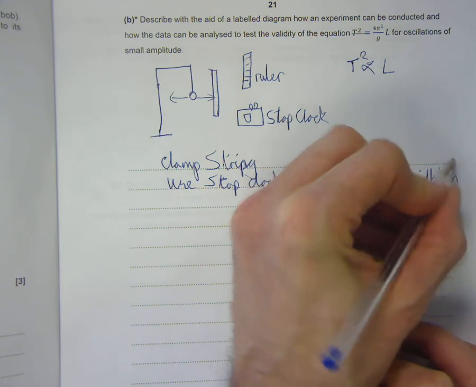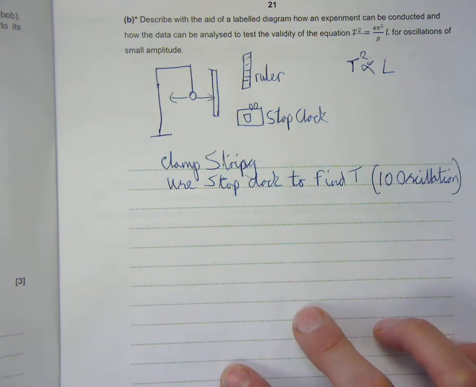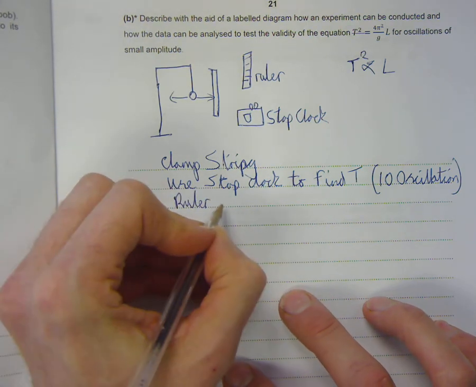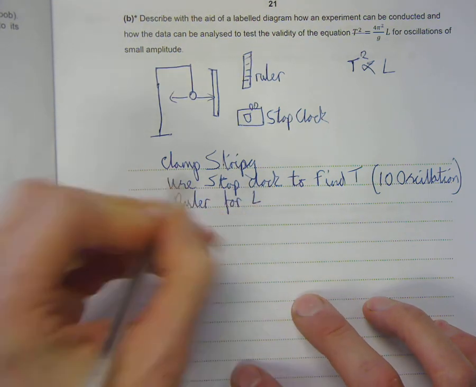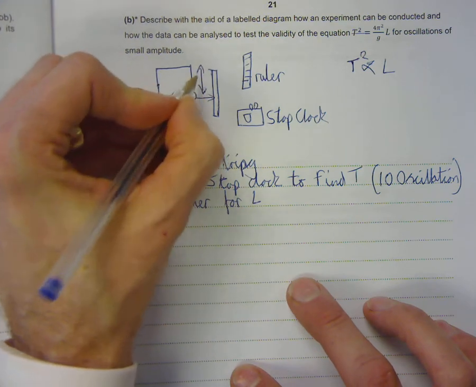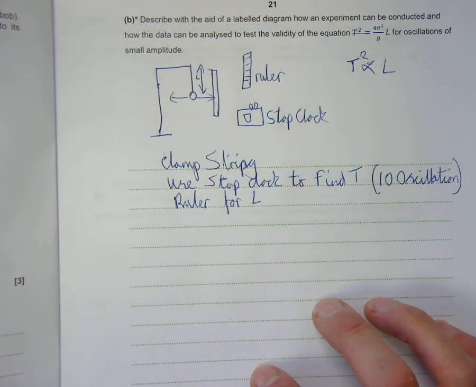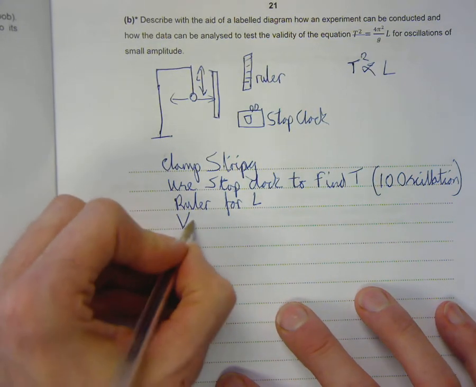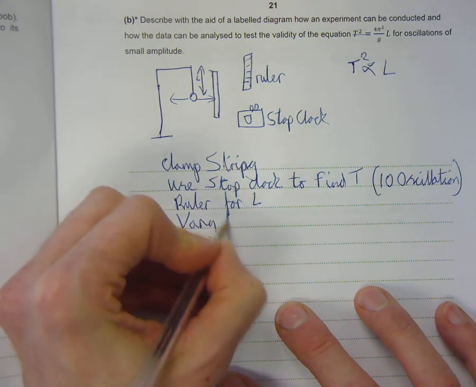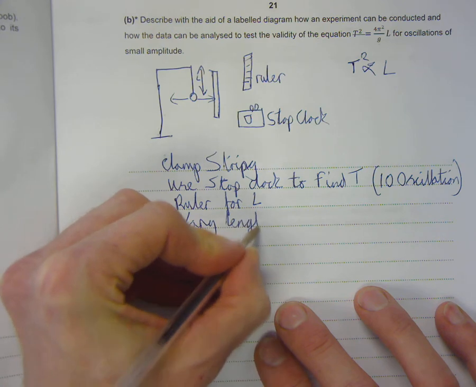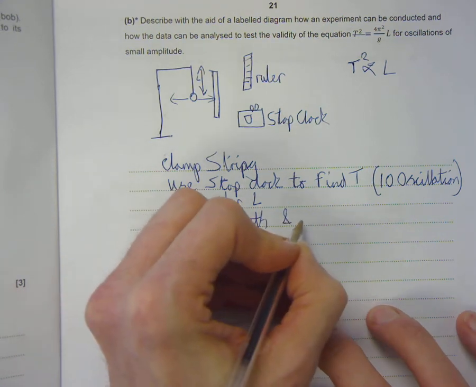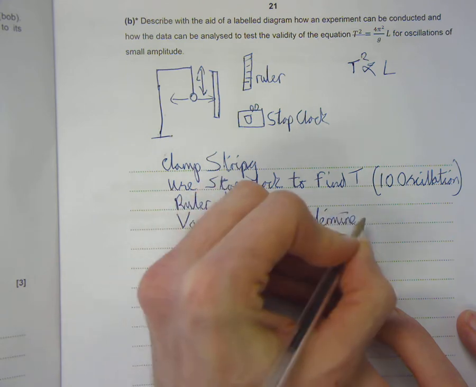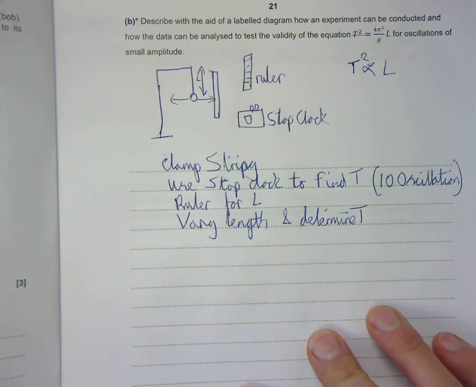It must be more than one oscillation, a number of oscillations. Use a ruler to measure L, the length. There we go, there's L. Then you're going to vary the length and find t. So there's your method.